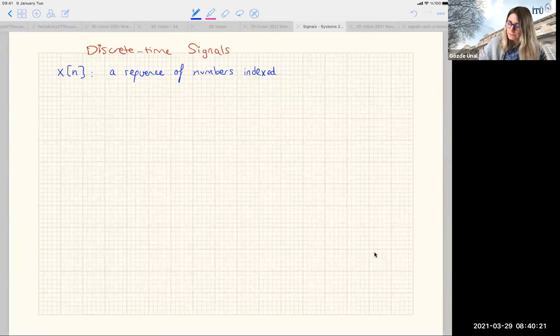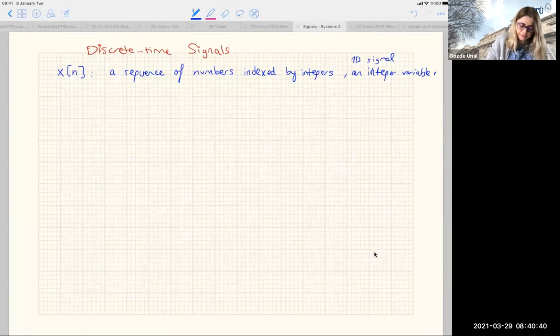A sequence of numbers indexed by integers, or by an integer variable n, let's say. For a 1D signal, it's an integer variable n. Here, in this case, it's 1D, right? Discrete time, we abbreviate as DT.